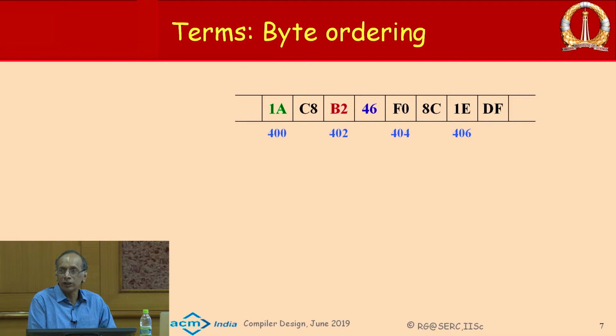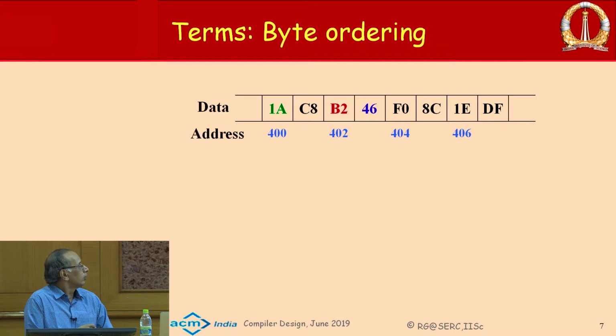That is something we have to be very clear about. The address is not stored anywhere. You decode the address to go to that location. So when I say 400, the byte stored in location 400 is 1A.